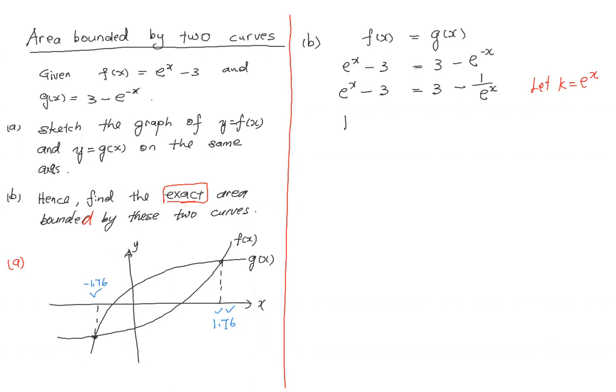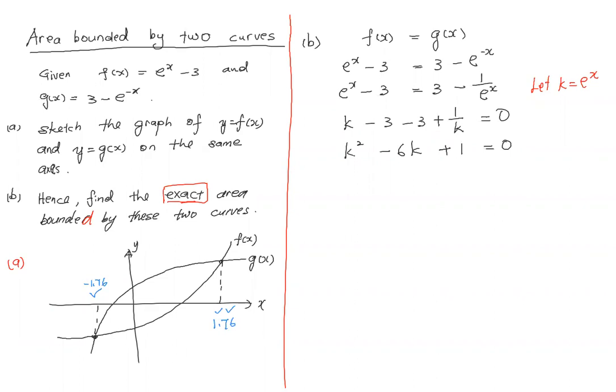So I put k minus 3 minus 3 minus 1 over k equal to 0. Am I right? So I have k squared minus 6k plus 1 equal to 0. Do you understand what I am talking about?